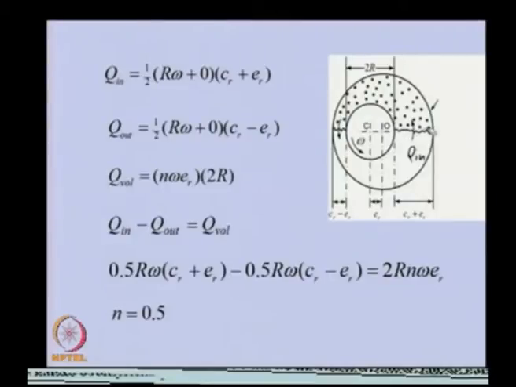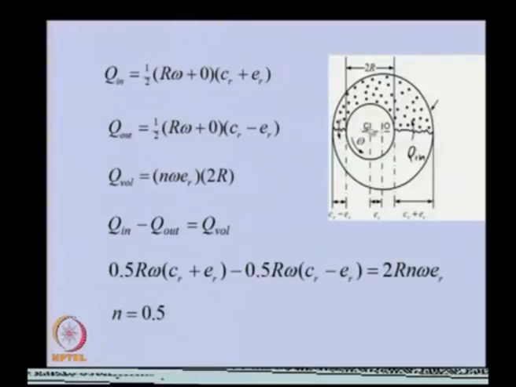So this distance into 1 will give us the average area through which this fluid is flowing. This will be the input volume of the fluid which is going from this side. From this side we will have the same velocity, but this distance is now cr minus er. So this is the area through which the fluid is passing, and this will be the fluid which is going out.